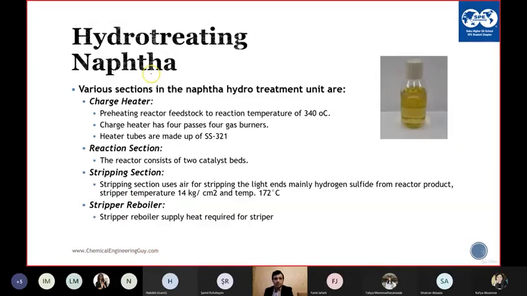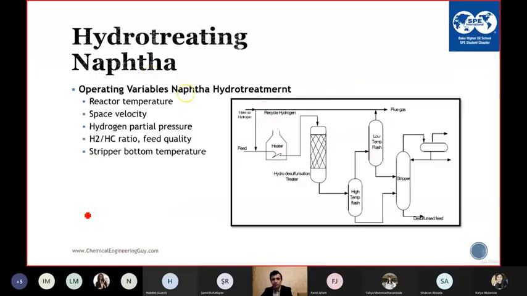So the various sections in the naphtha hydrotreatment unit are the charge heater, the reaction section, the stripping section and the stripping reboiler. So you have the heater, the reactor, and then the high temperature flash and low temperature flash.